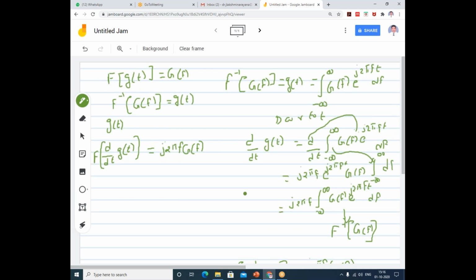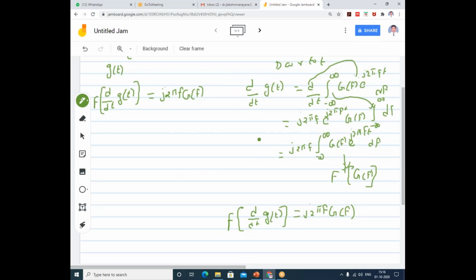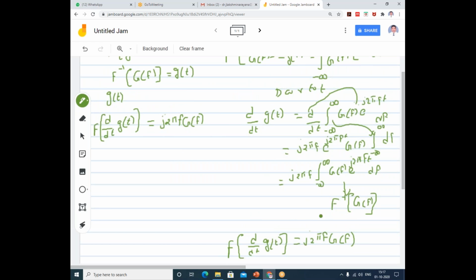Now, suppose you do the same problem n number of times. You have to take second differentiation, third differentiation, fourth differentiation, like that, nth differentiation.